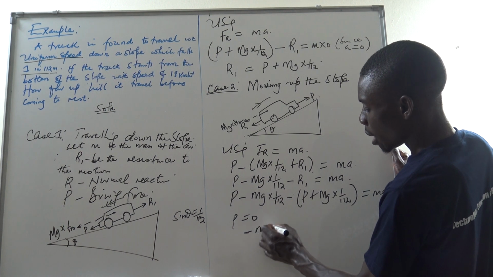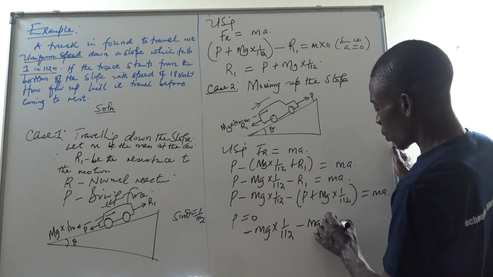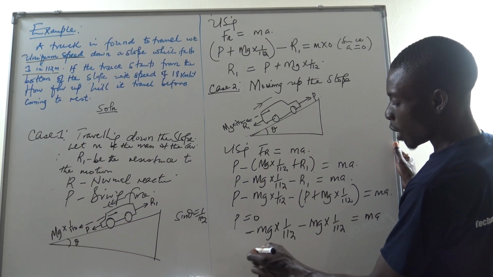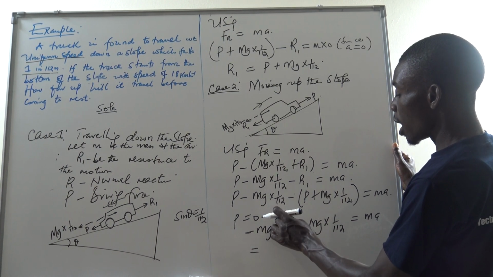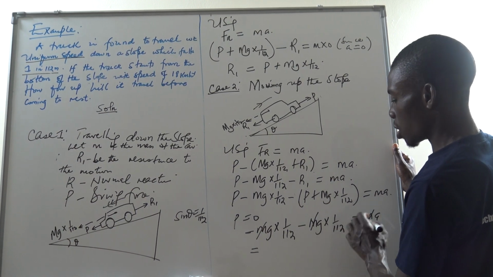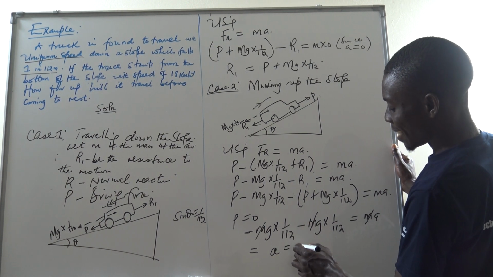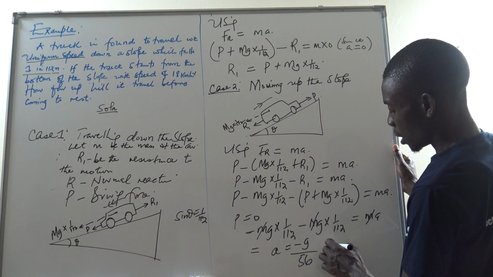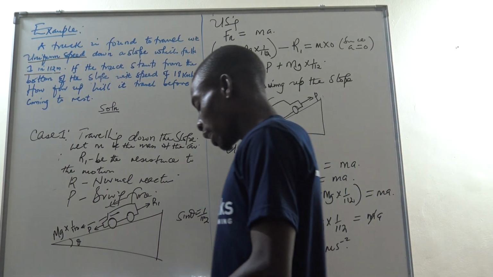So therefore we are going to say P equaling to 0, and then I will say now I'm having minus mg times 1 out of 112 minus mg times 1 out of 112 equaling to MA. And this one you'll get it as 2mg out of that, but this one can first excuse us with this, and then this one will give me A as negative g out of 56 meters per second squared, and that is our acceleration.